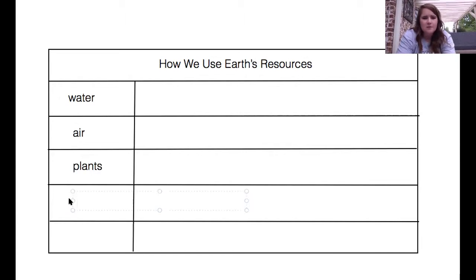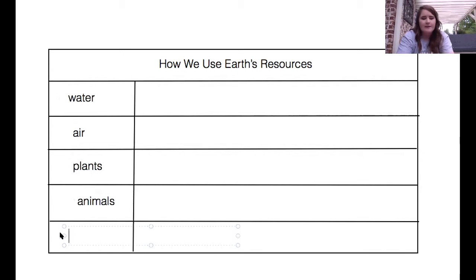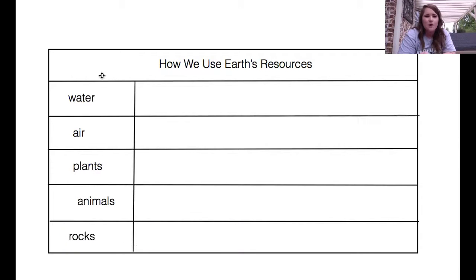Another one that we're going to be looking at is animals. And finally, the last one is rocks or soil, because we talked about those on Wednesday. So these are my 5 areas. And I want to come up with some ways that we use them every single day. My answers might be a little bit different than yours. If you want to pause the video in between each section, that's great. I'm going to give you a little bit of time to think before I start typing.